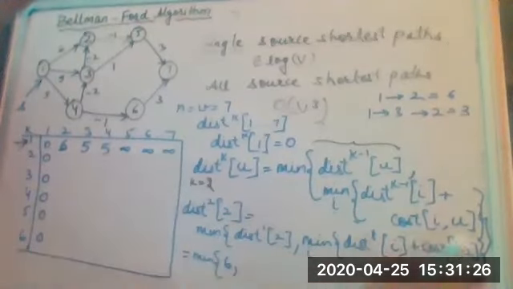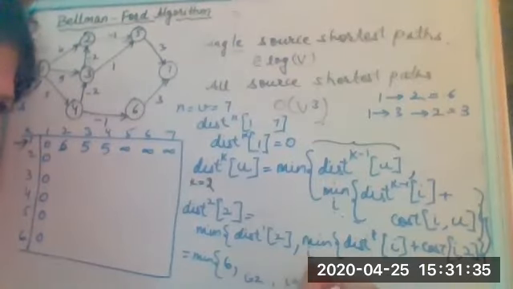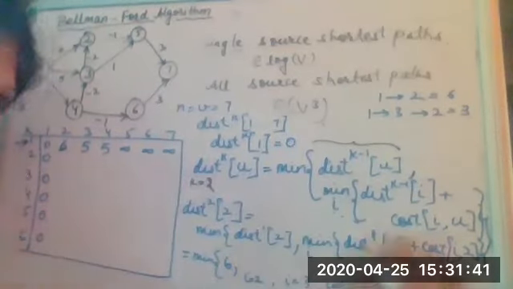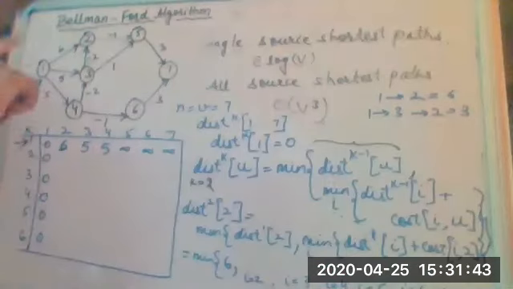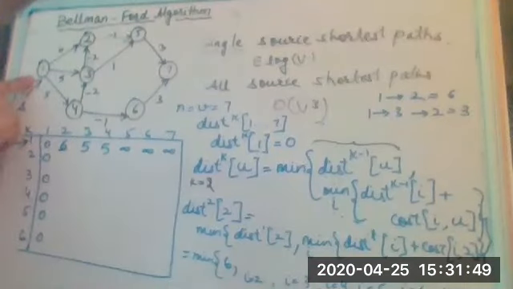Now for the different I values, what I will get. So let's say I start with I equal to 2, I equal to 3, I equal to 4, 5, I equal to 6, and I equal to 7. Because we said for the other vertices that can be made as intermediate one, we cannot take the source vertex as the intermediate vertex.